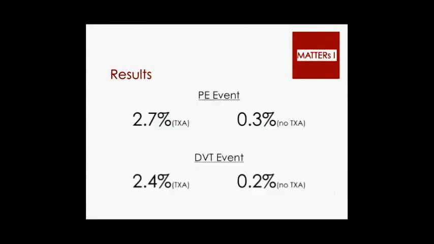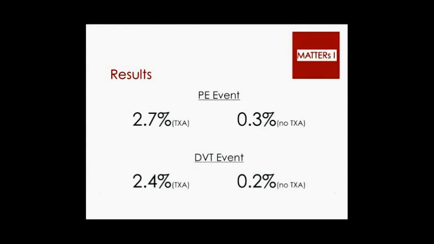Secondary outcomes, the VTE, so the venothromboembolic events were higher in the tranexamic acid group. And again, number one, too small a study to actually pinpoint TXA as the individual risk factor.